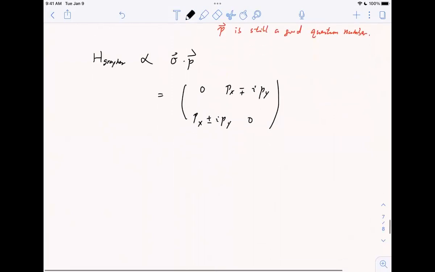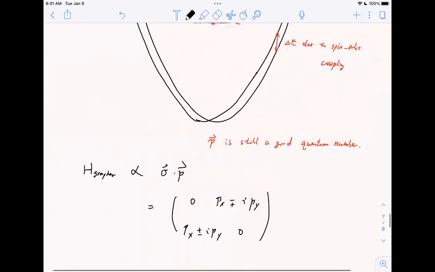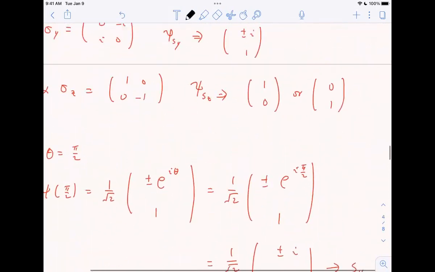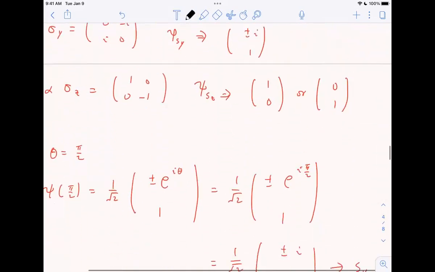You can try to solve this Hamiltonian and follow exactly the same procedure that we have done here. Actually, we already solved it before.